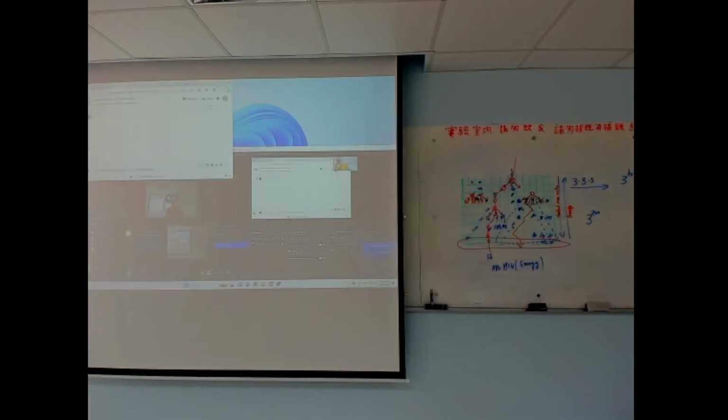So we'll show the path. Oh, it actually picked this one.